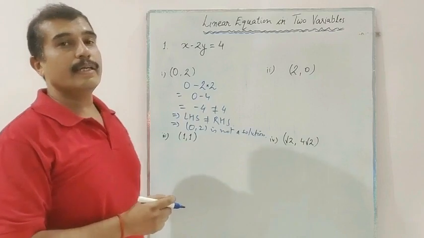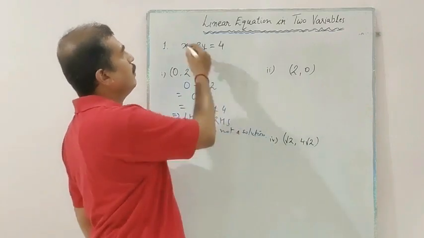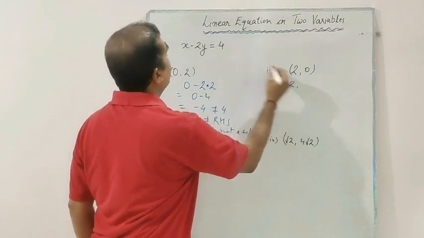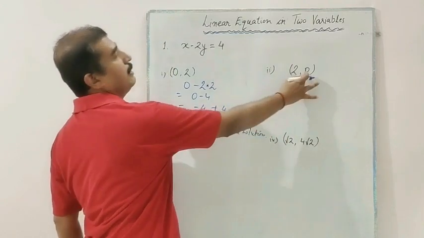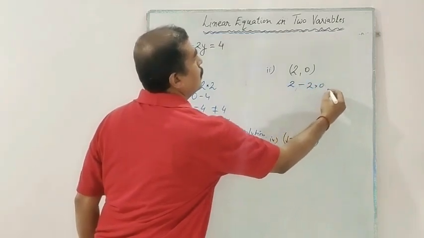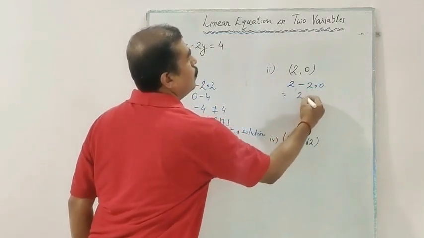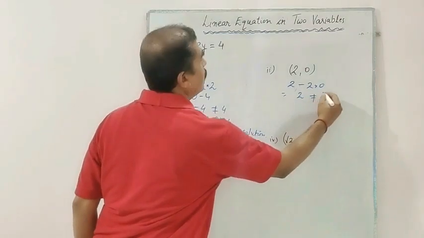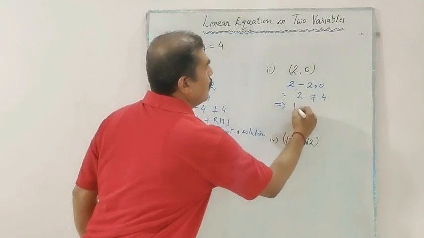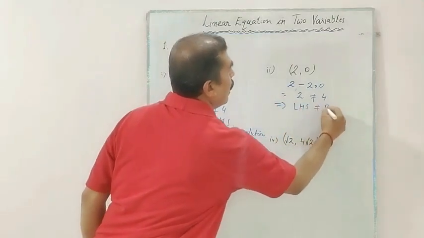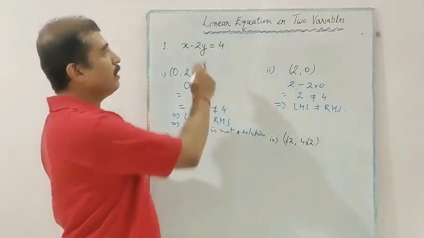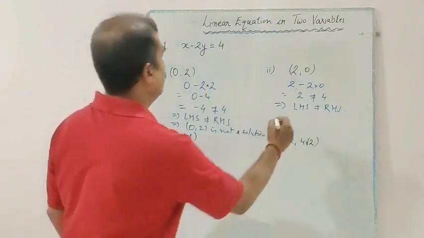If we take (2, 0), the value of x will be 2. Let us substitute the value of x as 2 and value of y as 0. 2 minus 2 into 0 is equal to 2, which is not equal to 4, means LHS is not equal to RHS. It means that (2, 0) also does not satisfy the given equation.